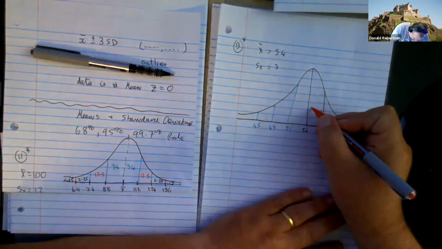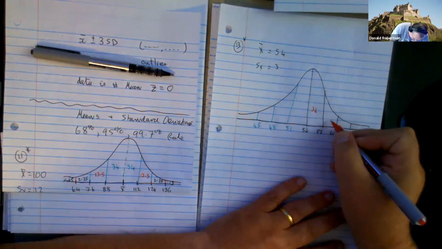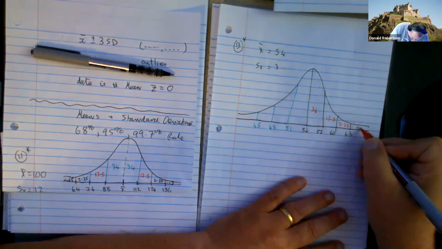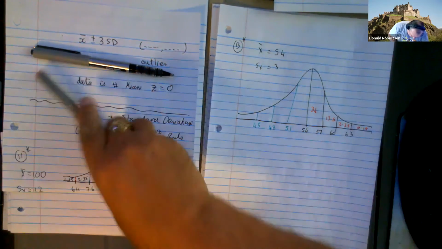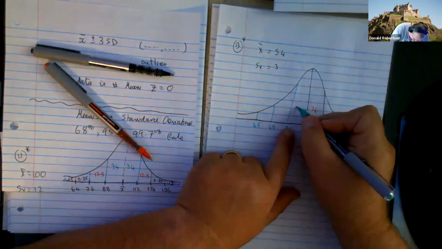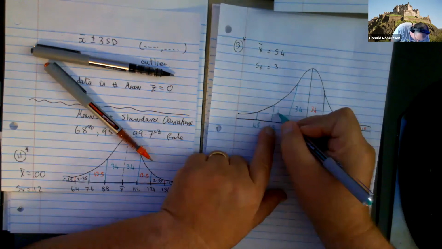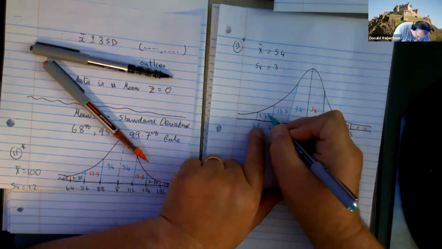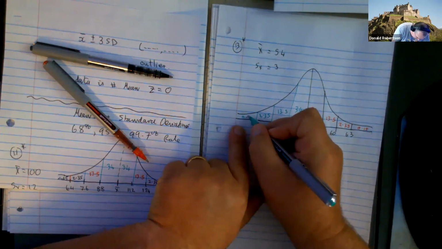So 34, 13.5, 2.35, and 0.15. And then for no reason except I want to, 34, 13.5, 2.35, and finish with 0.15.